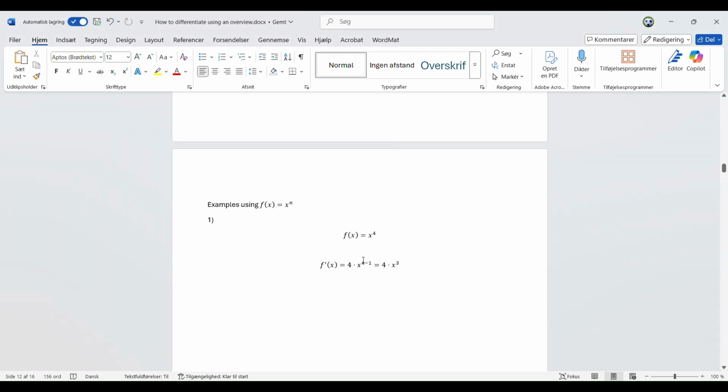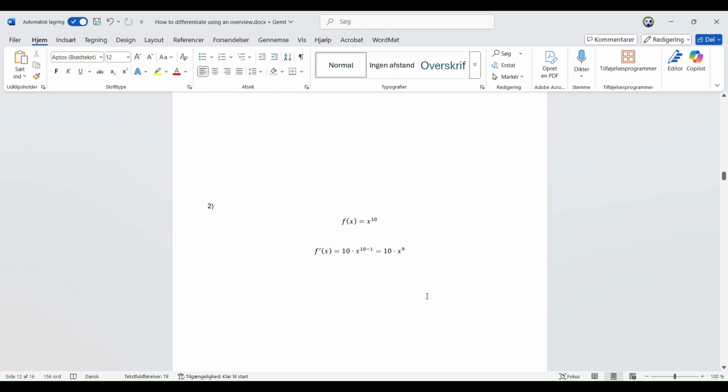So x raised to the power of 4, we take down our 4, so we note that the constant n is equal to 4. We put that in front of our x, and then we subtract 1 from our exponent up here. So that would be 4 minus 1, and our first order derivative would be 4 times x raised to the power of 3.